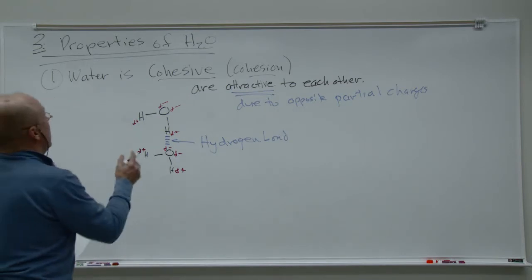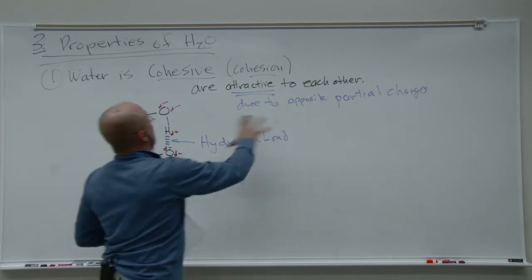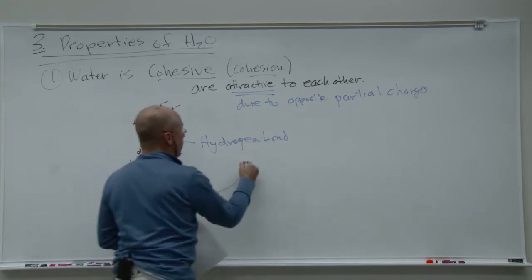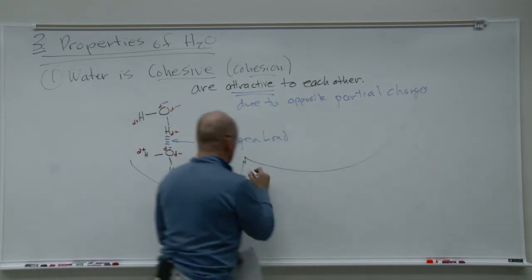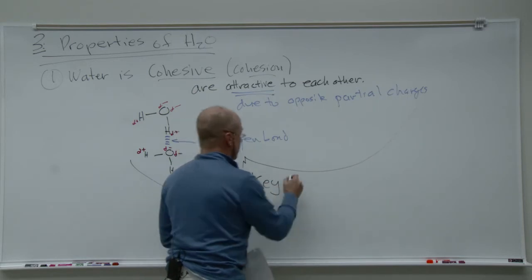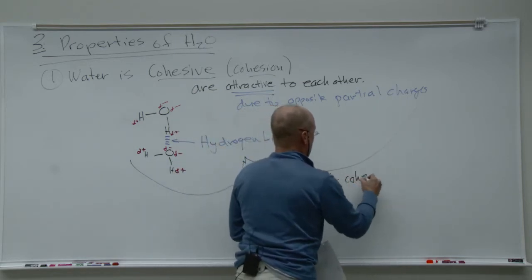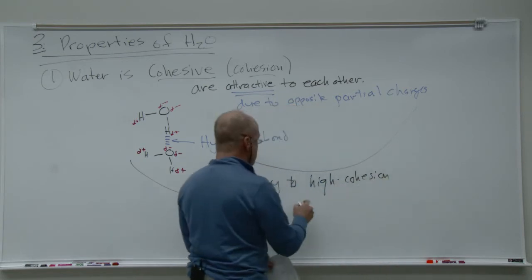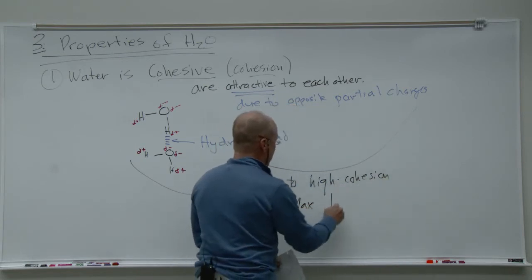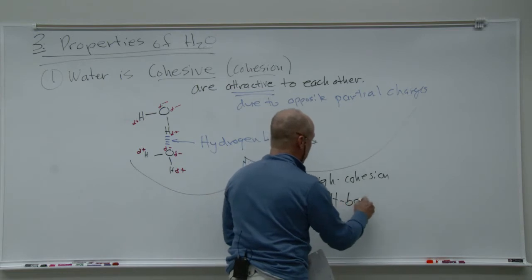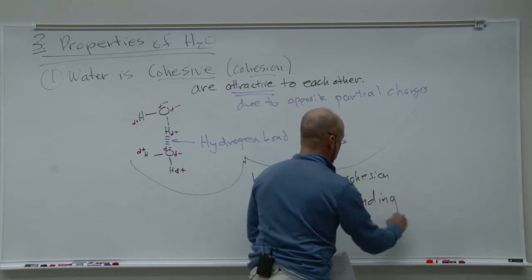And I wanted to say that the net of this whole thing, the key to its super high cohesion, is kind of a maximum level of hydrogen bonding, which I'm going to abbreviate H bonding.